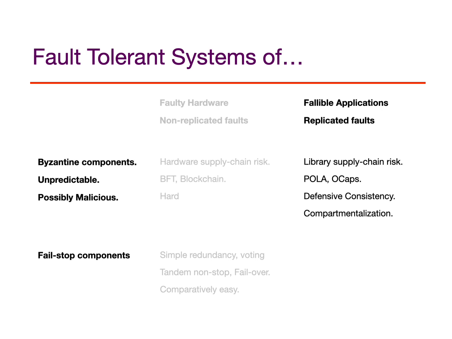So what Agoric has certainly been focused on mostly is replicated faults that are Byzantine faults, which are, for example, library supply chain risks, where a library itself that's linked into your software might be malicious.